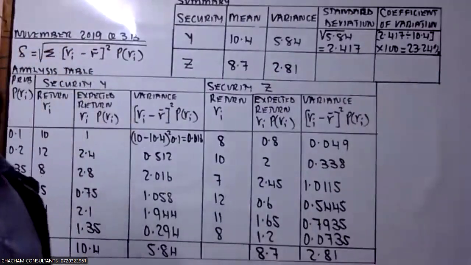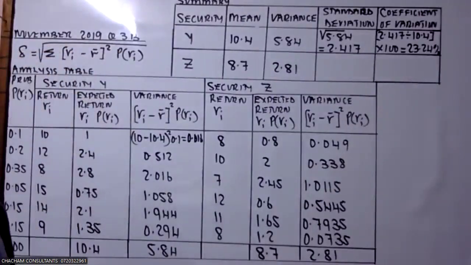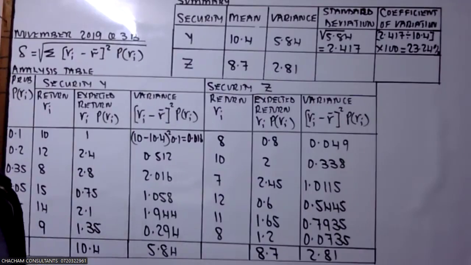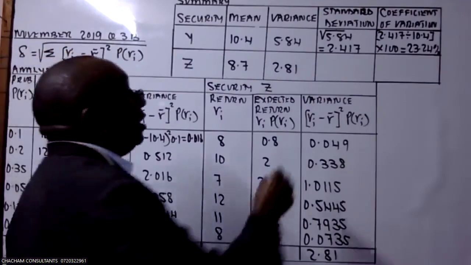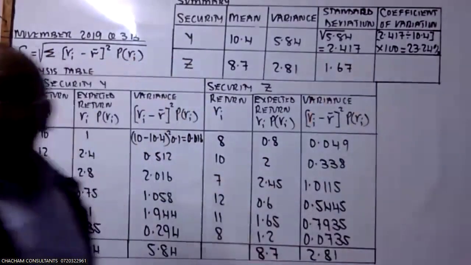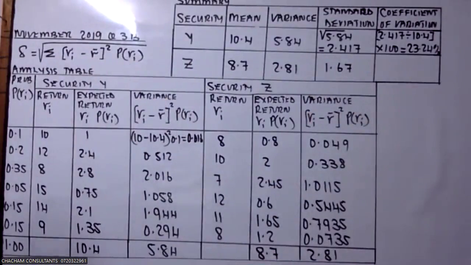So get the square root of it so that we have the standard deviation. The square root of it, 1.67. Haya, sasa kutoka hapo 1.67 divided by 8.7, then multiplied by 100.